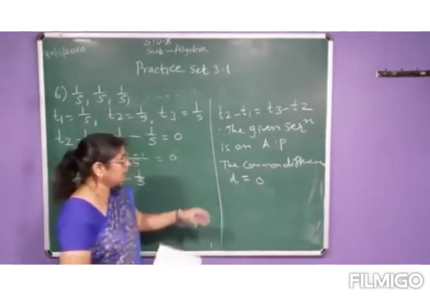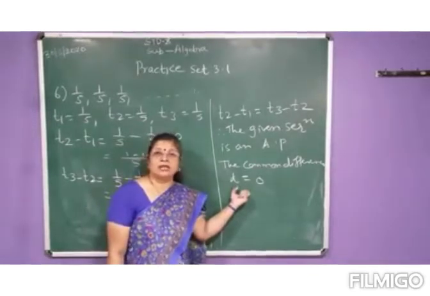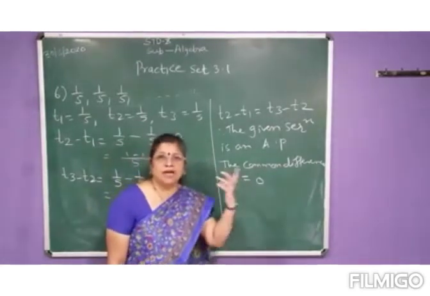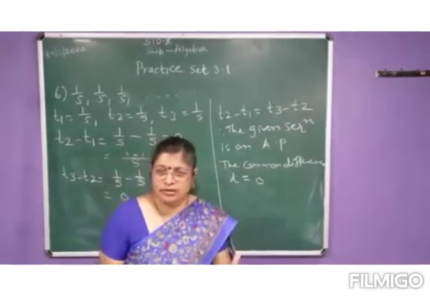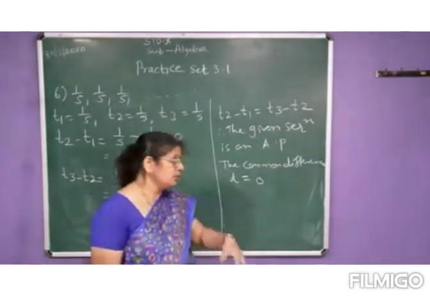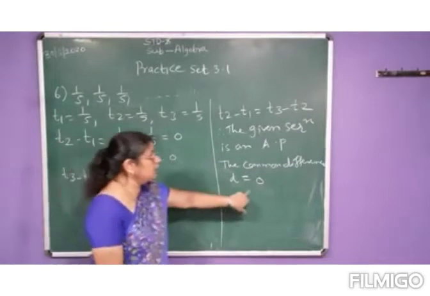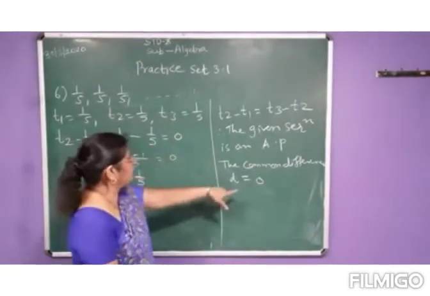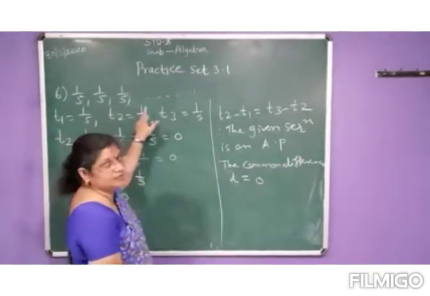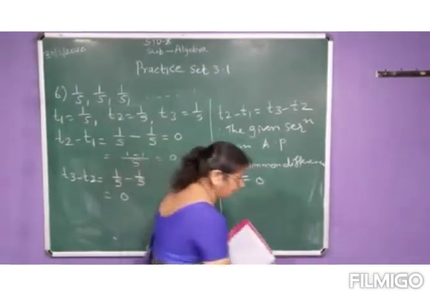Now again I want to just tell you that when I explained the common difference, at that time I told you that D can be either positive, negative or 0. So in this sum, the value of D is 0. And when the value of D is 0, you are getting the same number, a repetition of a number.